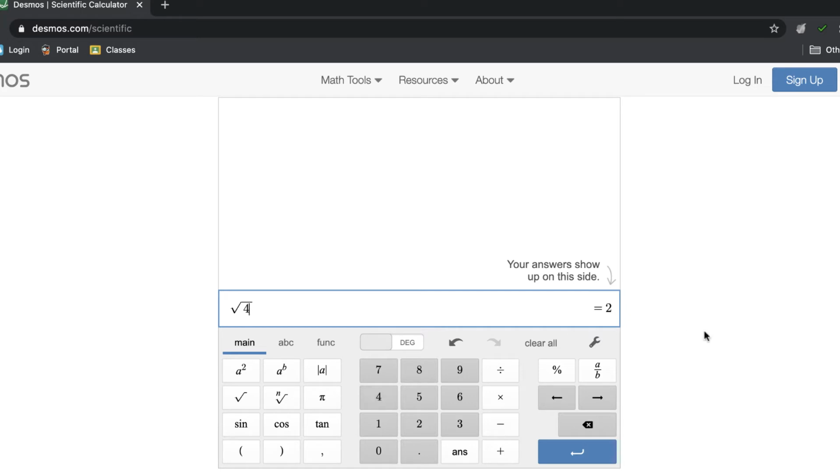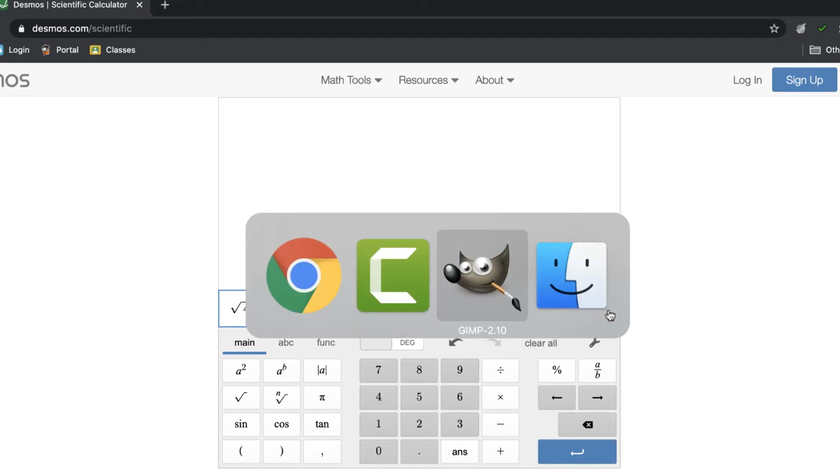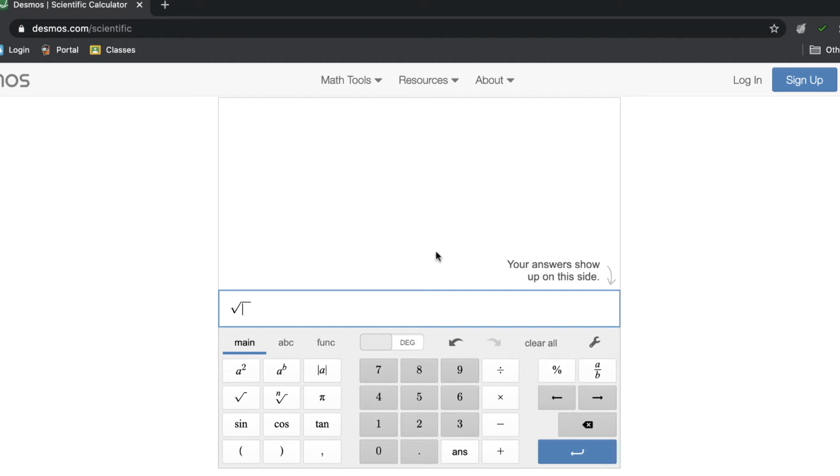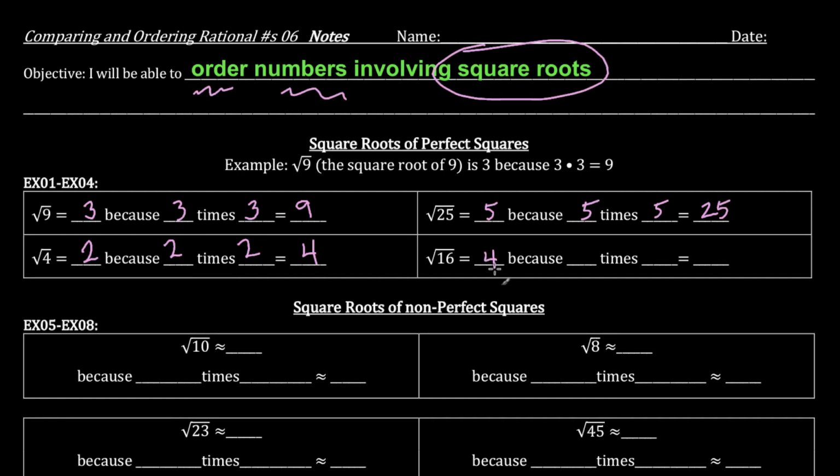Square root of 4 is 2. And square root of 4 is 2 because 2 times 2 is 4. Let's check 16. Square root of 16 is 4 because 4 times 4 is 16.